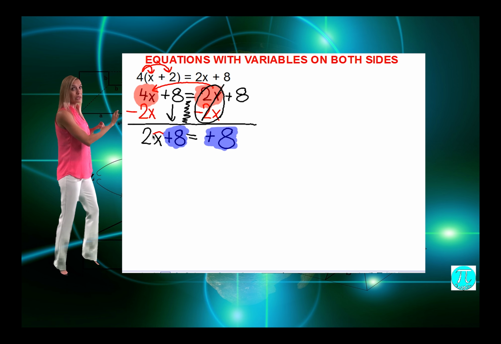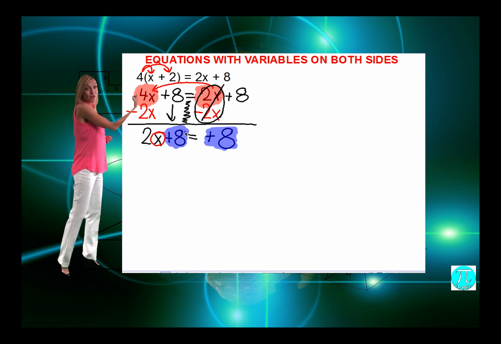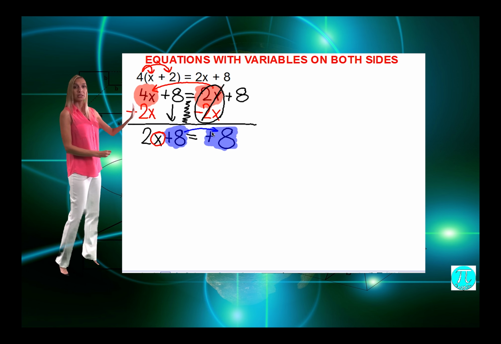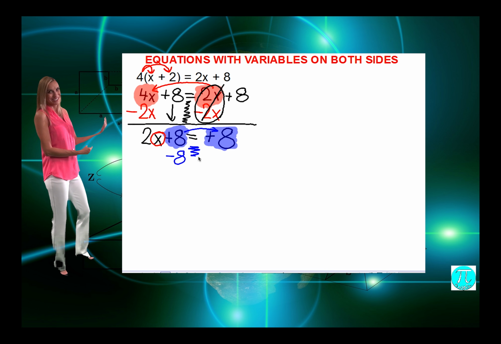When we are undoing these guys, we have to work our order of operations backwards. Basically, PEMDAS going back up, right? So we have to undo the addition first. The positive 8 that's attached to the 2x wants to become a 0. It wants to be gone from the x. So the one way to make it is minus 8.